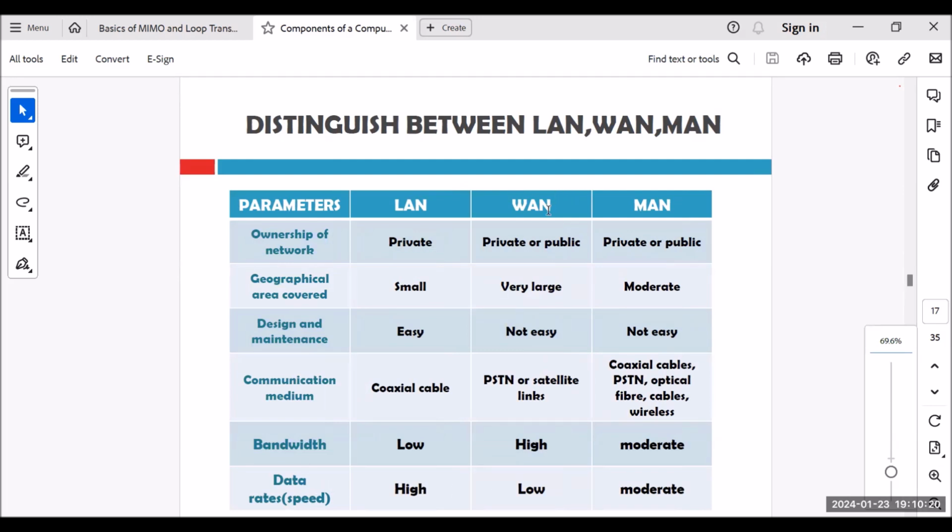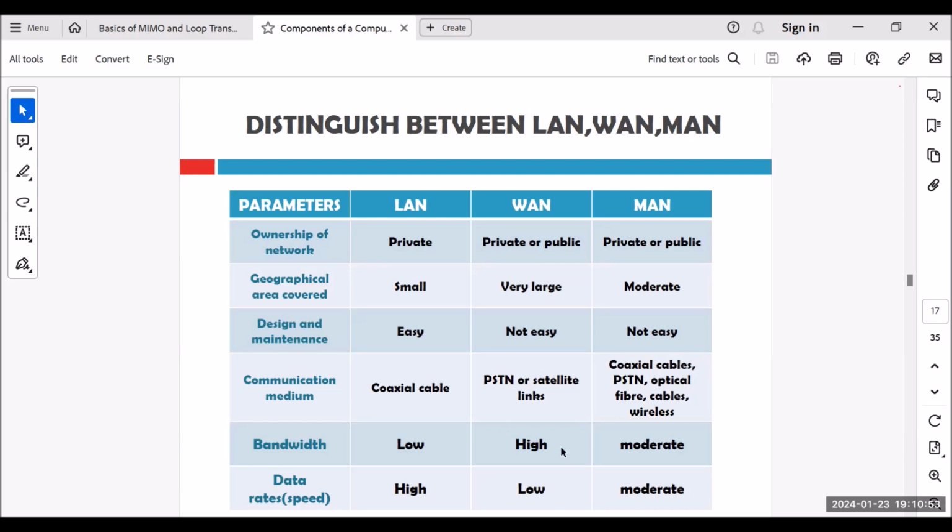As far as wide area network is concerned, it can be private or public. The area is very large. The design and maintenance is not that easy, obviously, because you have to cover a much wider area. The communication medium is usually either satellite links or PSTN, the public switched telephone network, that is the telephone networks that we have.